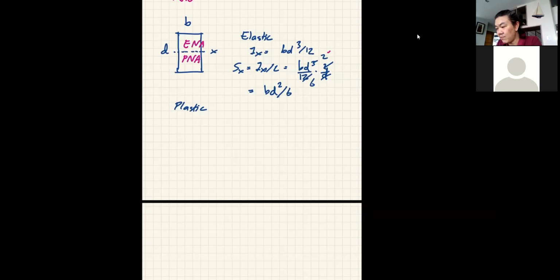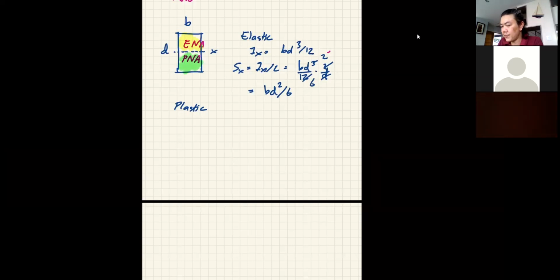But remember that what you need to do is take a moment of the area around it. So it's this area and then that area. There are two areas, and the two are the same, so I can say it's 2. The area, be careful, is BD over 2, right?